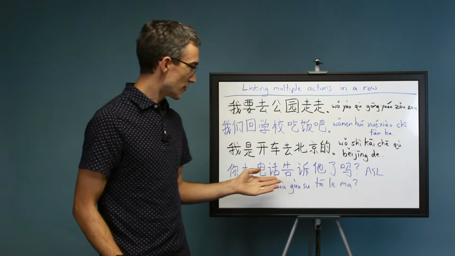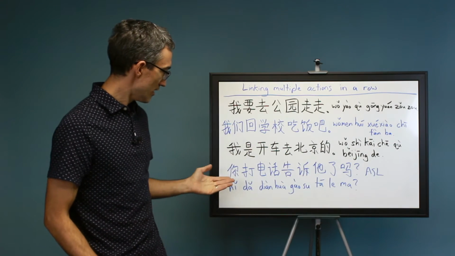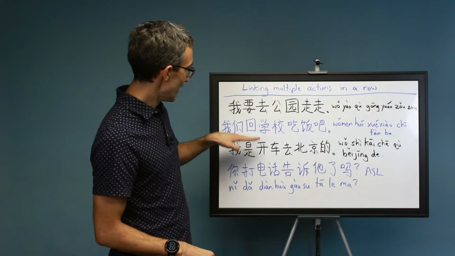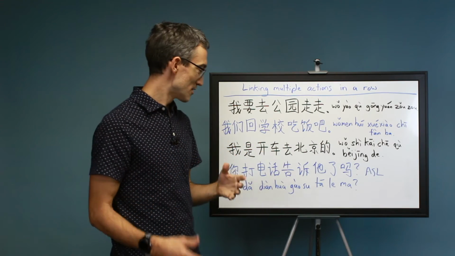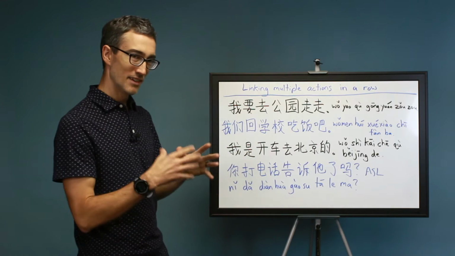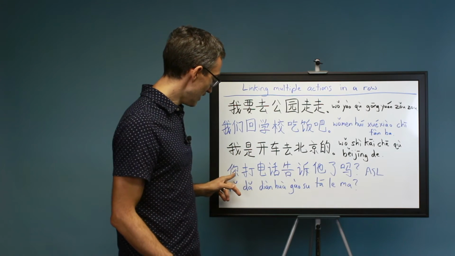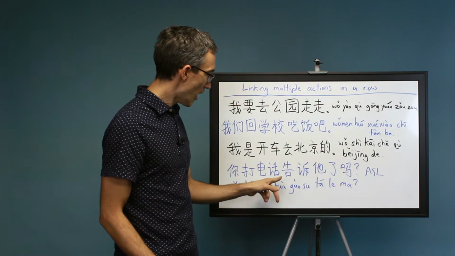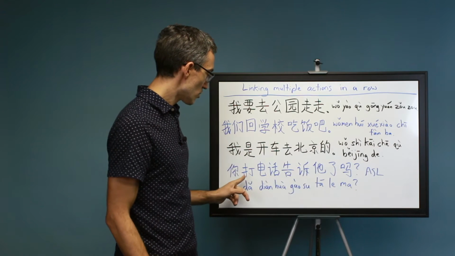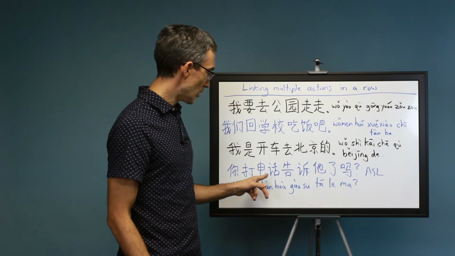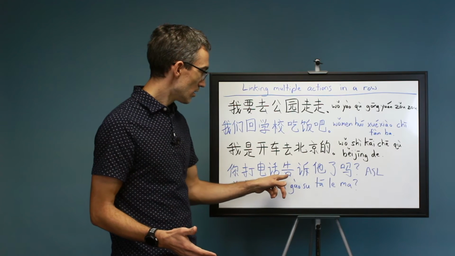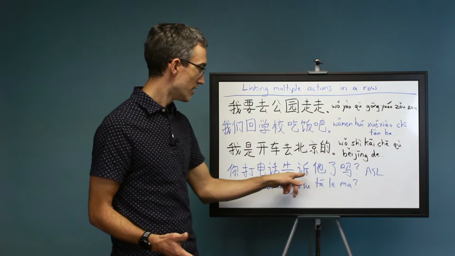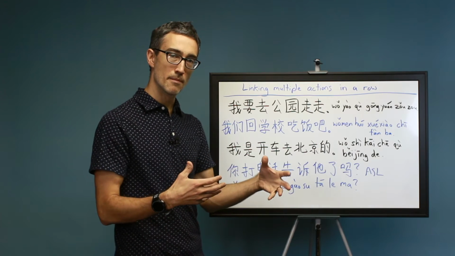Here I have a sentence from All Set Learning, and it's a great one because all of my examples use the word 去. This one doesn't, so it gives you another example. 你打电话告诉他了吗? 你 is you. 打电话 means to make a phone call or call somebody. 告诉他 means tell him.